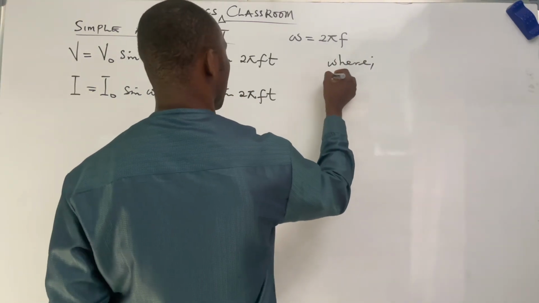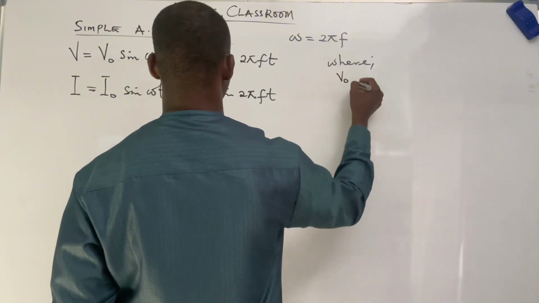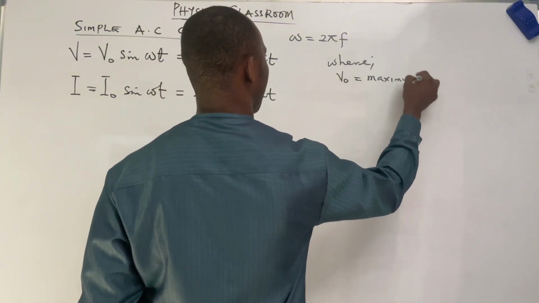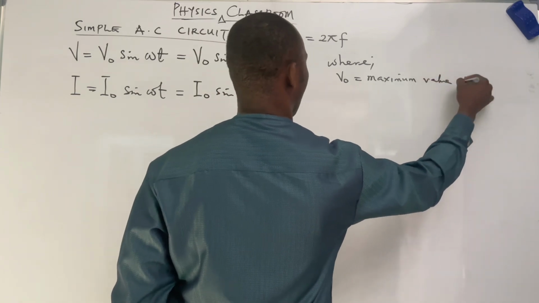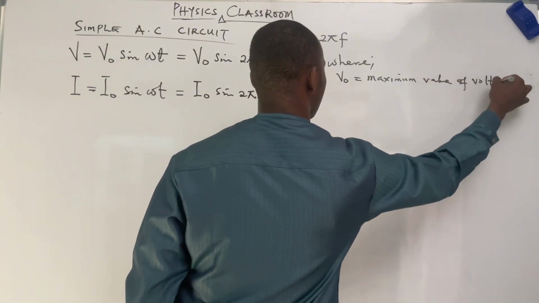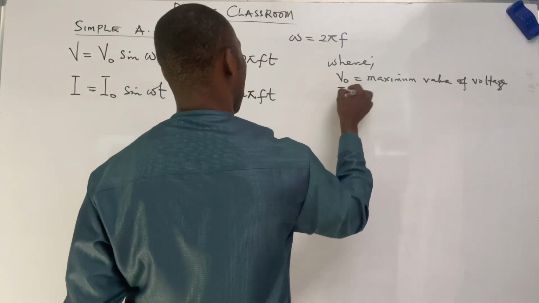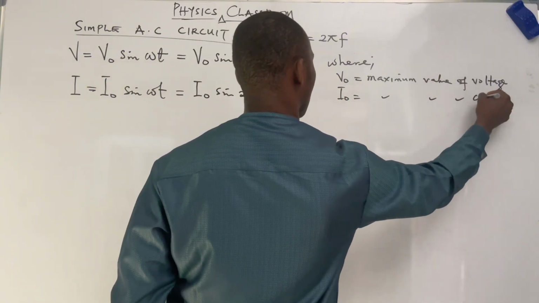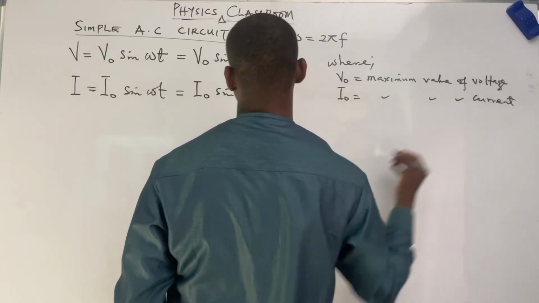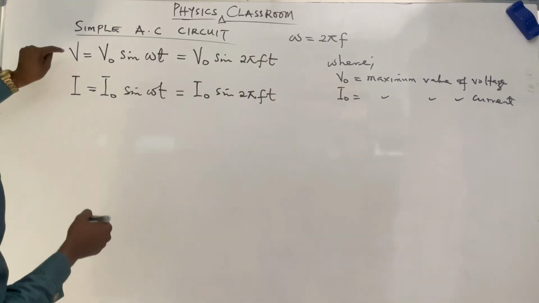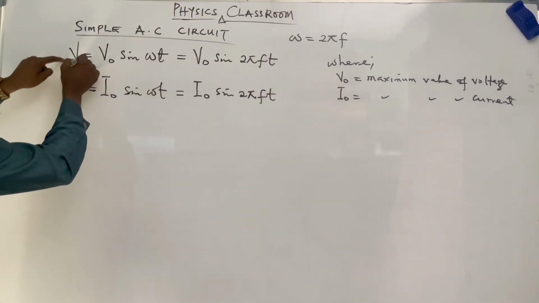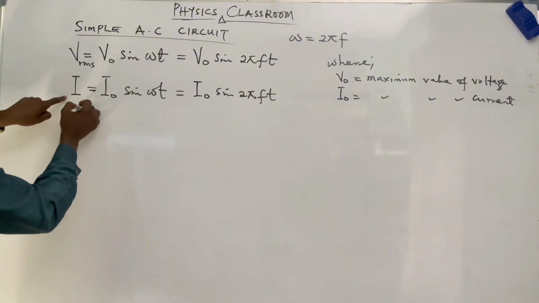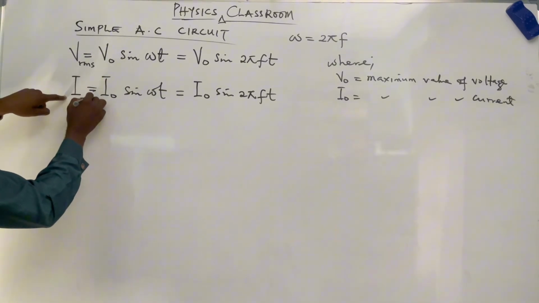Where V naught is equal to maximum value of voltage, I naught is equal to maximum value of current. You see, this V here can be said to be effective voltage or root mean square voltage. Likewise, this I could either be effective current or root mean square current.